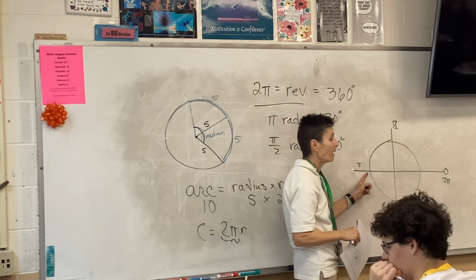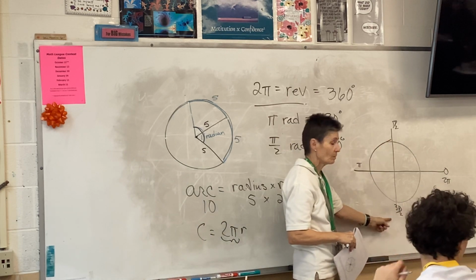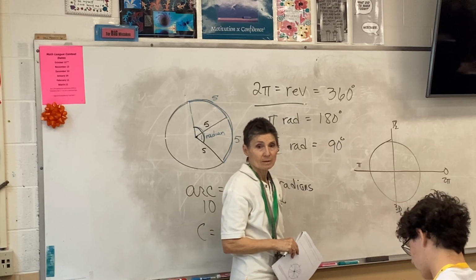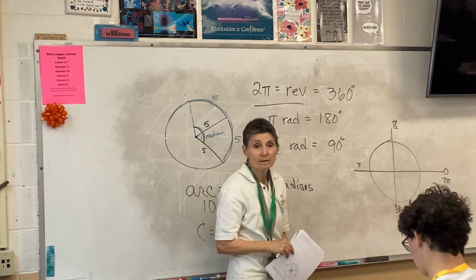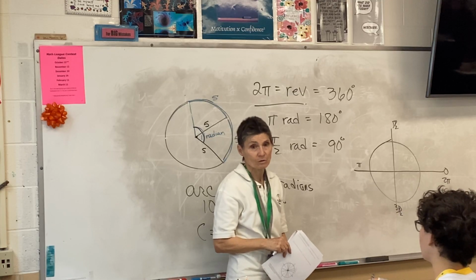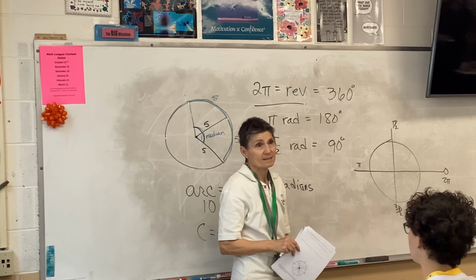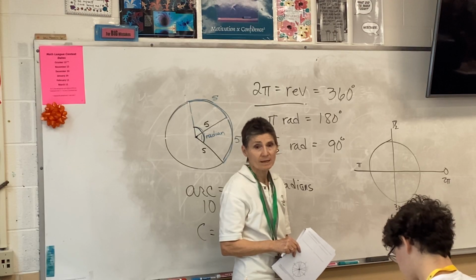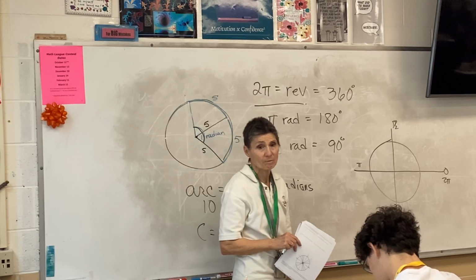Halfway around is pi, a quarter is pi over 2, and 1.5 pi is 270. How did we find pi? Pi is the ratio of the circumference to the diameter of a circle, and I'm not exactly sure how they figured it out, whether by trial and error or what, because they did it long before computers.